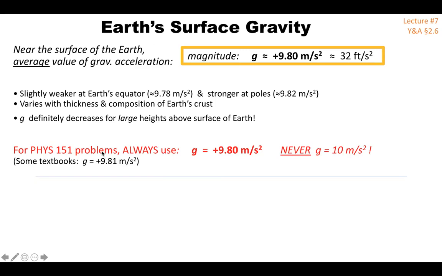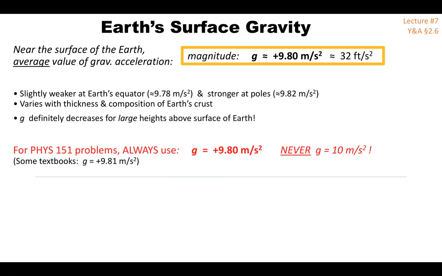For every physics problem where you have to calculate the time of flight or the height, for any physics problem that involves free fall or gravitation, please always use 9.80 for the value of little g. Never ever round off to 10 unless you want to make a gross approximation.